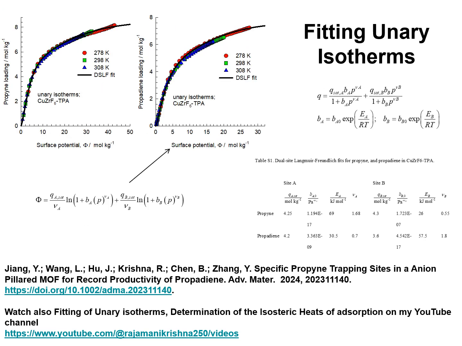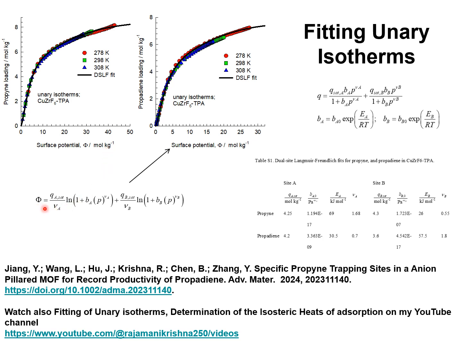To demonstrate the accuracy of the dual site Langmuir-Freundlich model fits with temperature dependent parameters, I plot the component loadings against the surface potential that serves as a proxy for the spreading pressure.